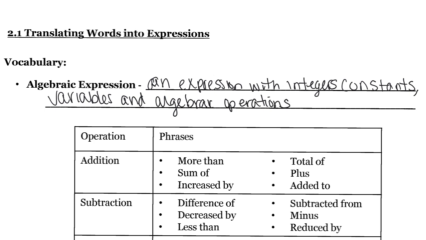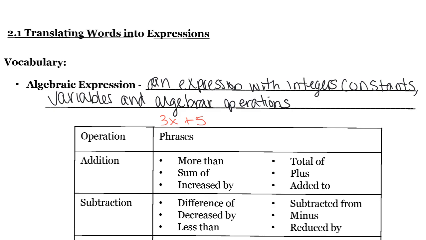Essentially, it's an equation without the equal sign. So an example would be like 3x plus 5 or something along those lines. So it looks like an equation, but it's not quite like an equation.